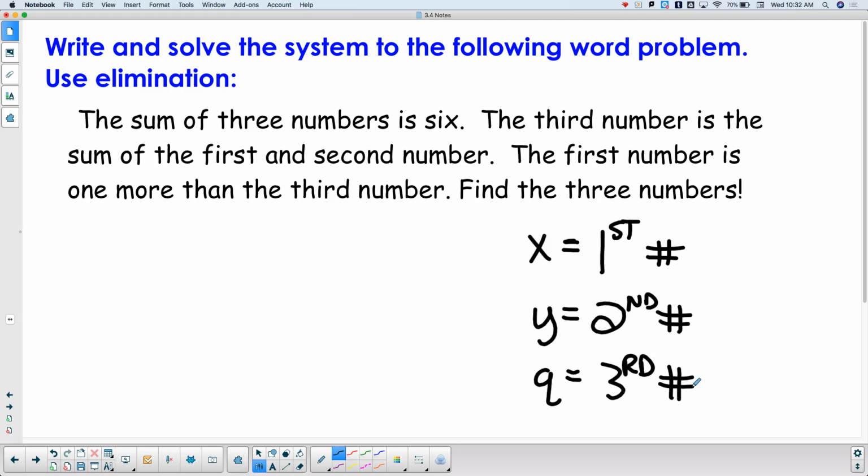First equation. What is the first equation? X plus Y plus Q is 6. The sum of the 3 numbers is 6.